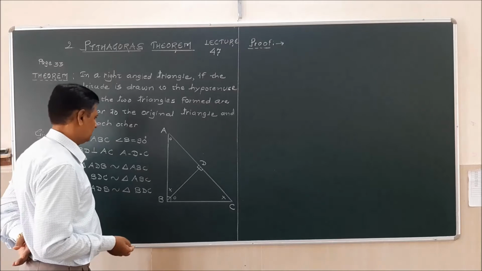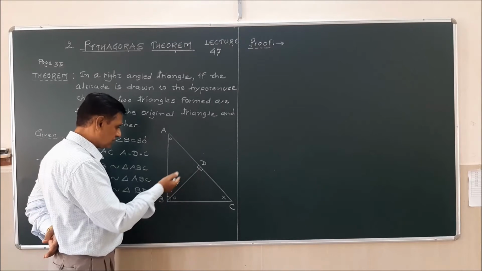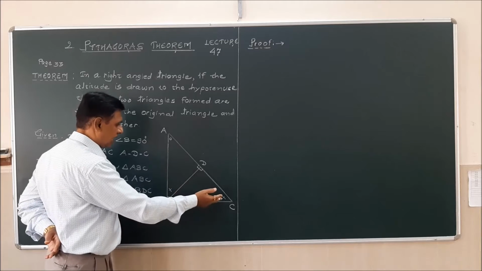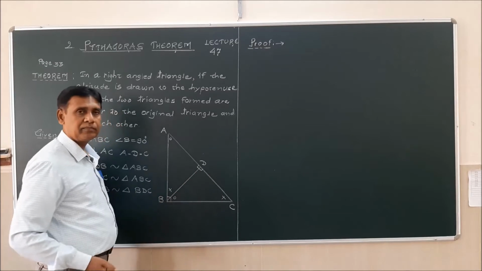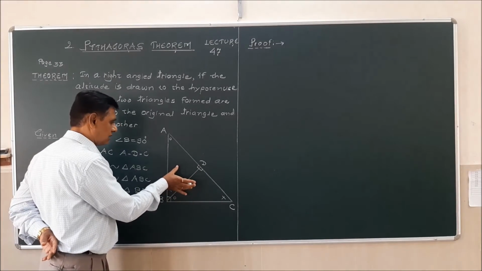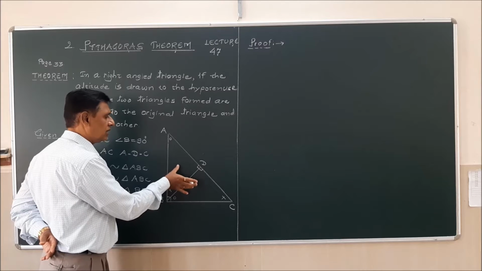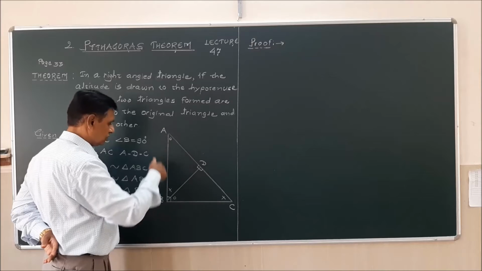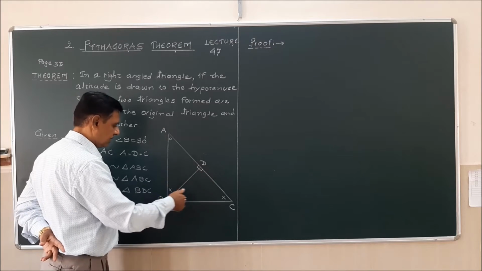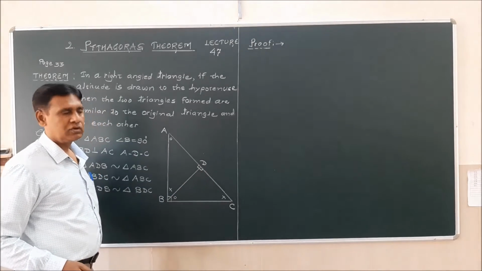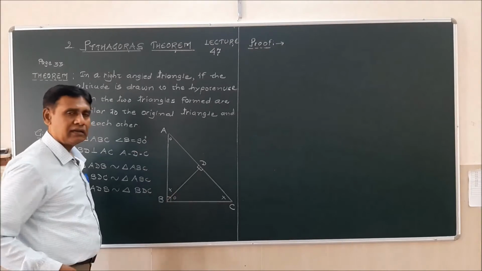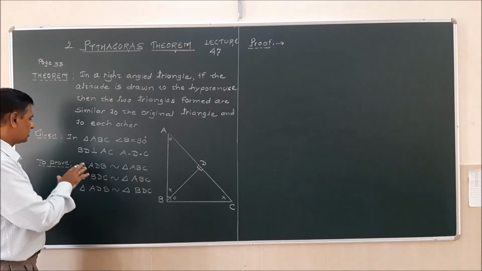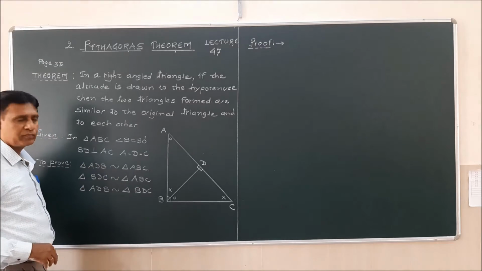Because of this altitude BD, two triangles are formed, namely triangle ADB as well as triangle CDB. These two triangles are similar to each other, as well as ABD is similar to triangle ABC and DBC is also similar to triangle ABC. Is that clear?